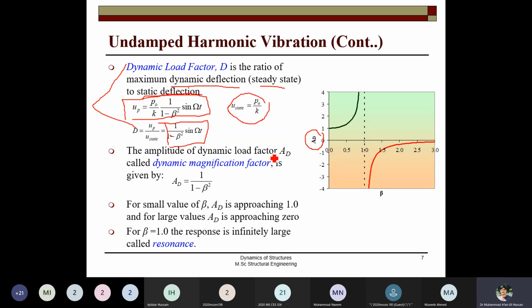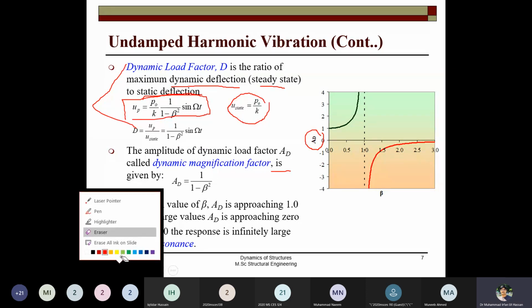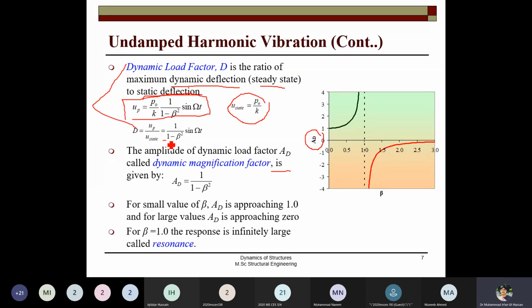The amplitude of the dynamic load factor AD is called the dynamic magnification factor. So the coefficient that you studied here, this coefficient of the dynamic load factor, this will be the amplitude, the coefficient will be the amplitude of the dynamic load factor.